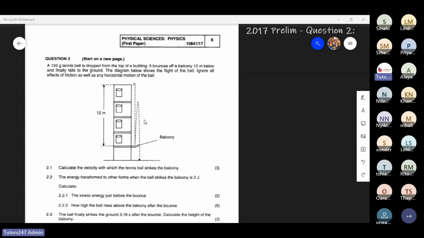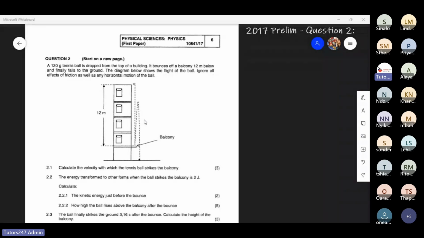So as you can see by that diagram, we've got a balcony that's on level 1 if we assume the road or the ground to be level 0. So we've got a balcony on level 1. Now this ball is dropped. Keep in mind that when an object is dropped, it has an initial velocity of 0. If an object is projected or thrown, it has some positive or negative velocity.